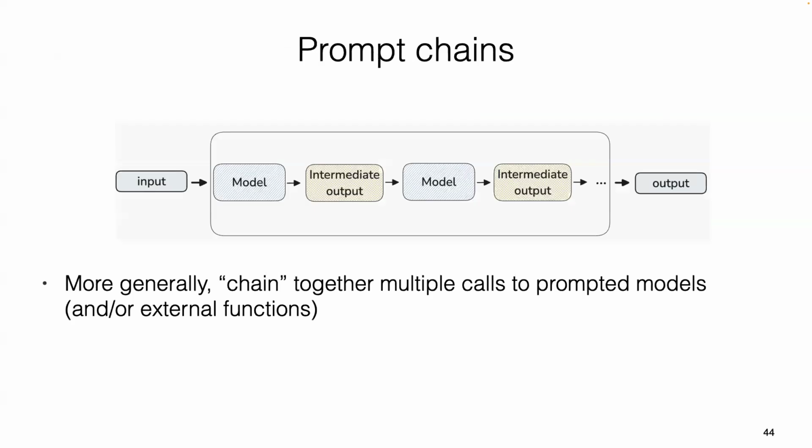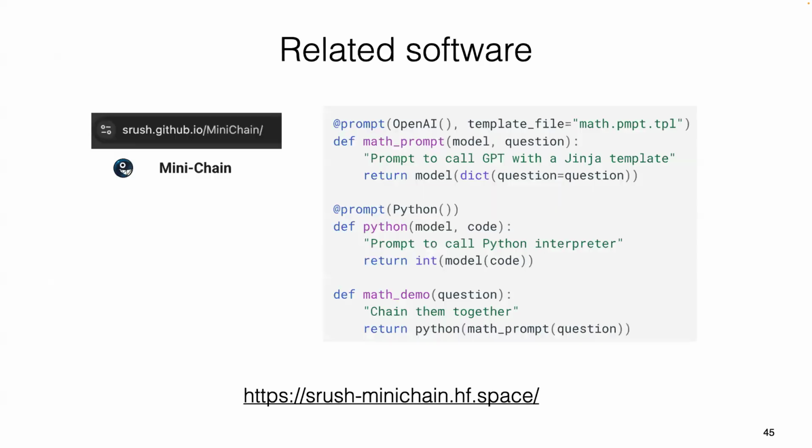So this idea, you could call it prompt chaining, where you chain together these calls to a model, or to some external function. Here would be generating the sub-question. I guess it's not visualizing calling the search engine, and you have this chain. This idea can be viewed as a type of program.